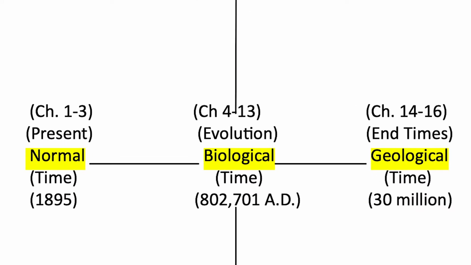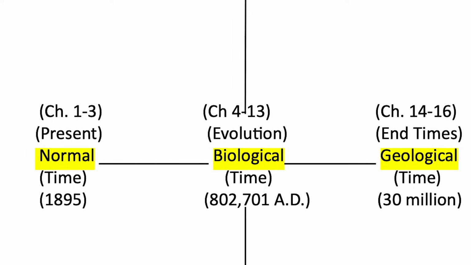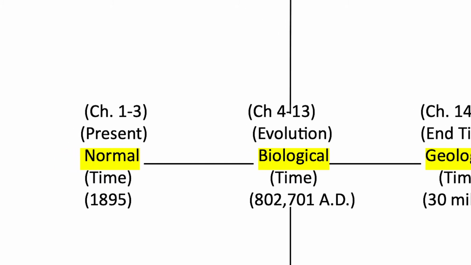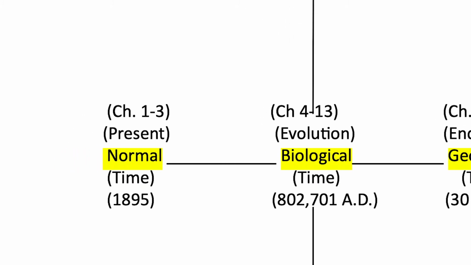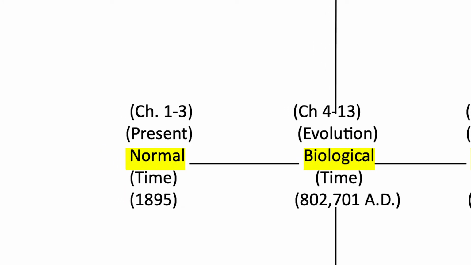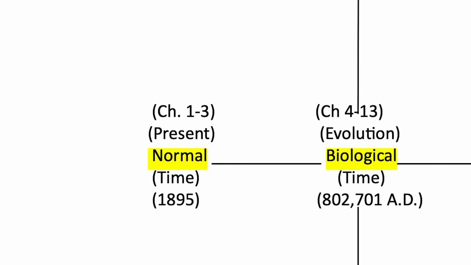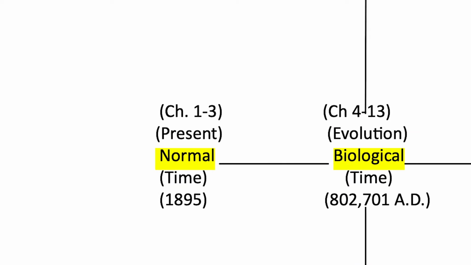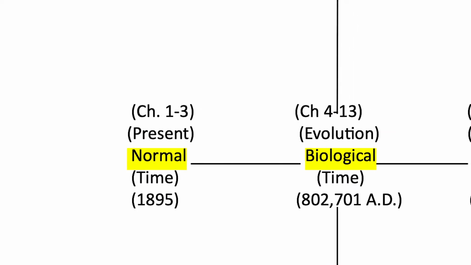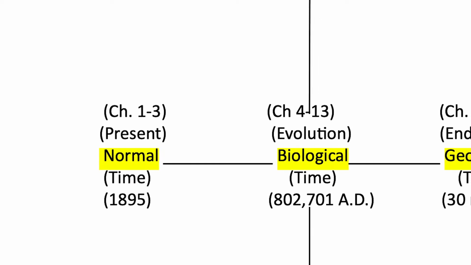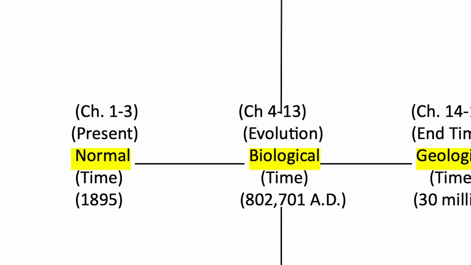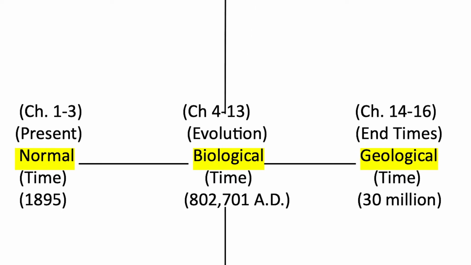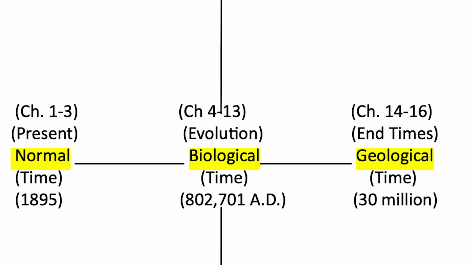The first time frame is just the normal time frame, where in 1895, the narrator is talking at a dinner with a bunch of friends and speculating about the nature of time. And then the second part, I call it biological time, though obviously geological time is also happening as well, but just for the time being, suspend that.